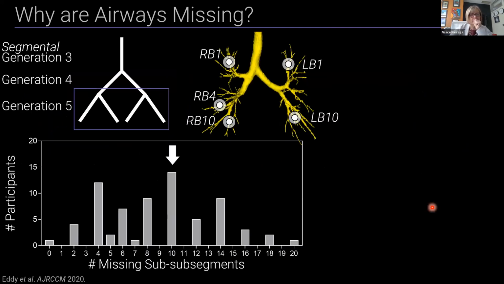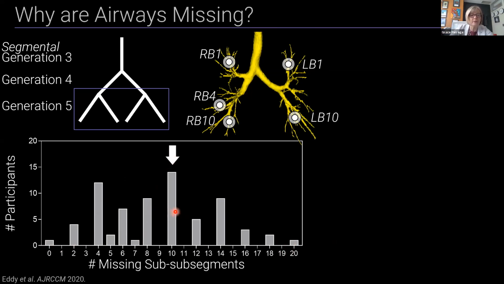The airways can also be measured. So we picked a number of candidate measurements and candidate airways to measure. And you can dichotomize the patients by the mean number of missing subsegments in the patient. So if we look at this histogram, we see that many of the patients are missing subsegments. In fact, one patient is missing 20 subsegments, and so on.